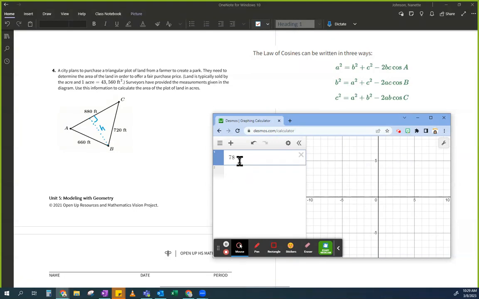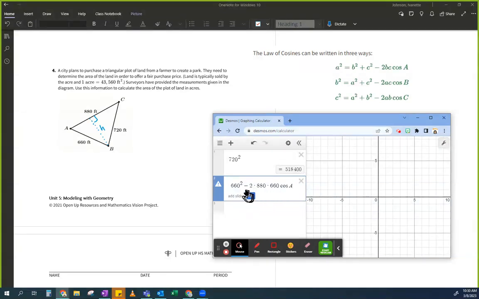So we say 720 squared is equal to b squared, which is 880 squared, plus c squared, which is 660 squared, minus 2 times b, which is 880, times c, which is 660, times the cosine of A, which we don't know what it is.